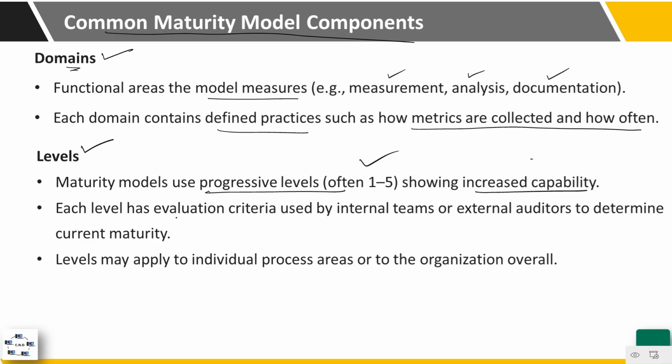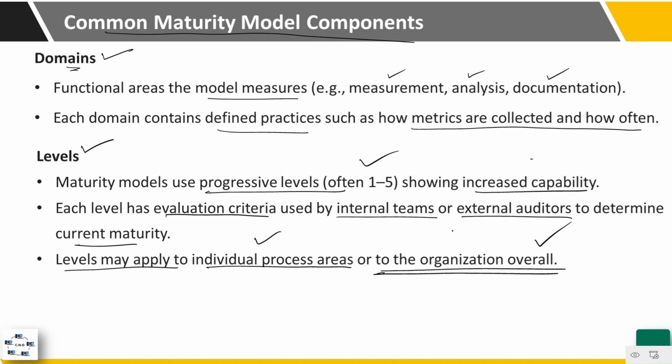Each level has evaluation criteria used by internal teams or external auditors to determine the current maturity, and levels may apply to individual process areas or to the organization overall. So we may apply the maturity level either to individual areas, to individual processes, or to all the processes of the organization.